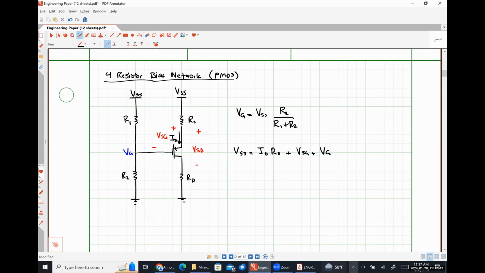and rearranging, we're going to have ID is equal to VSS minus VSG minus VG divided by RS.